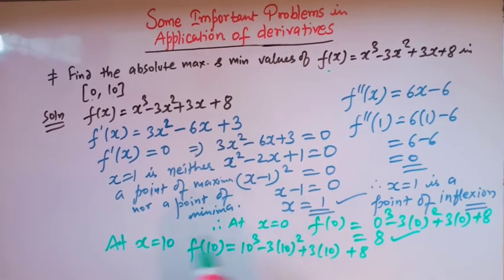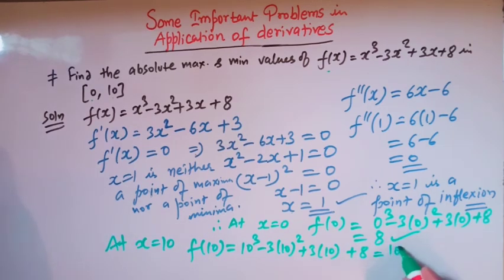Now this is calculated as 1000. 10 cube is 1000 minus 100 times 3, it is 300. Then we have 30 plus 8, right? So this is 730 plus 8, 738, right?